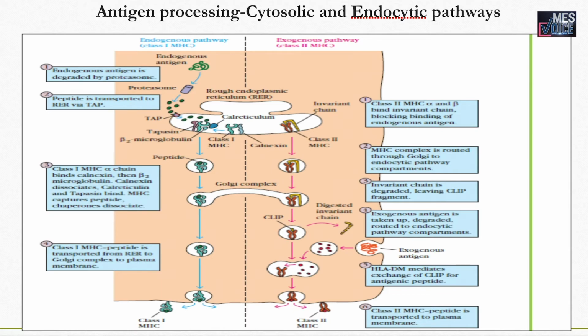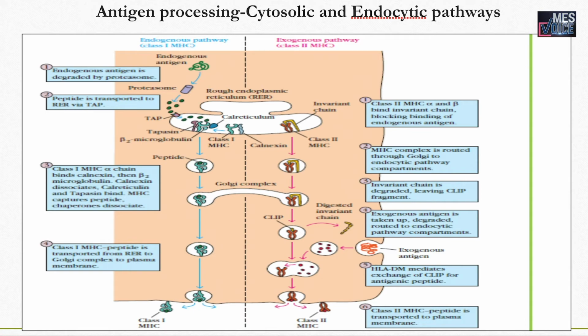In this slide, we can see a comparison between the cytosolic as well as endocytic pathways. On the left side, we can see the endogenous pathway, and towards the right side the exogenous pathway is given. In the endogenous pathway, the antigen is endogenous in nature. It is degraded by the proteasome, a multifunctional enzyme complex.